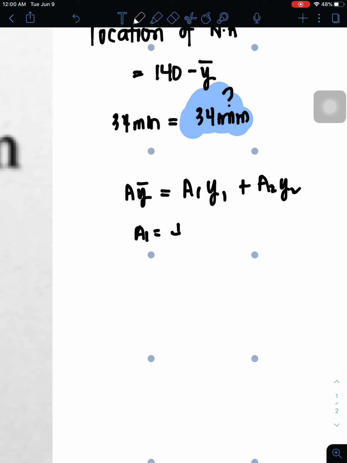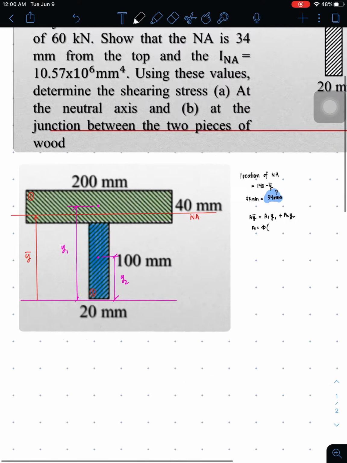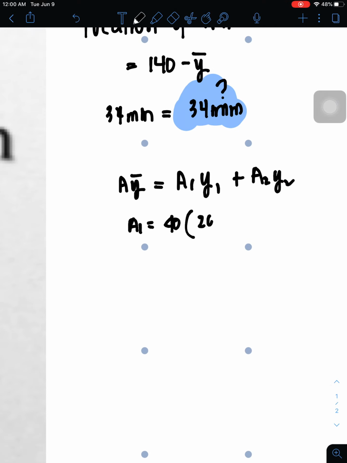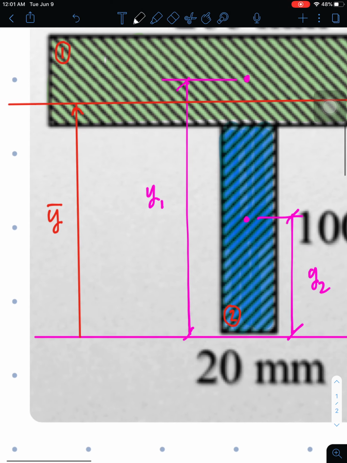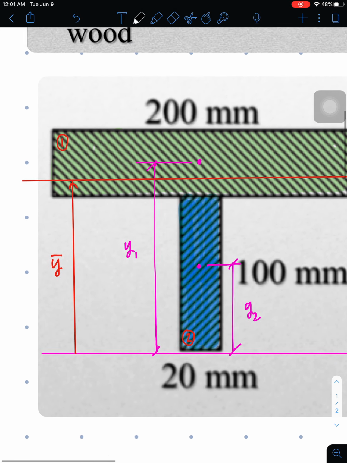And area 1 is the product of 40 times 200. So this is 8,000 square millimeters. And then our barred Y. So what is the distance of our barred Y?